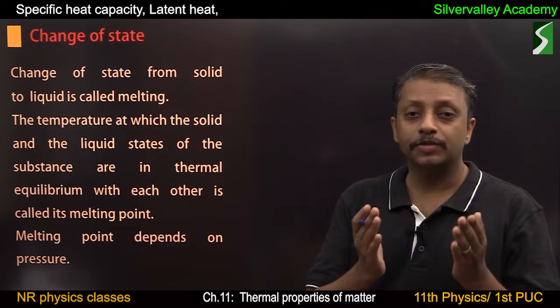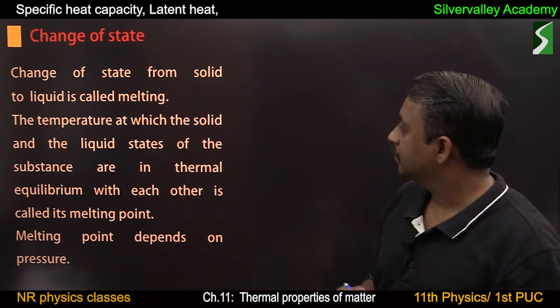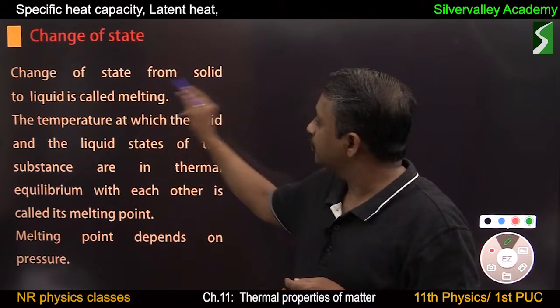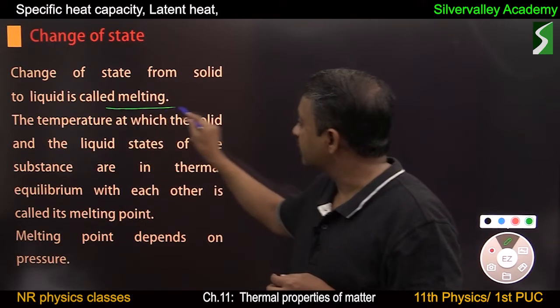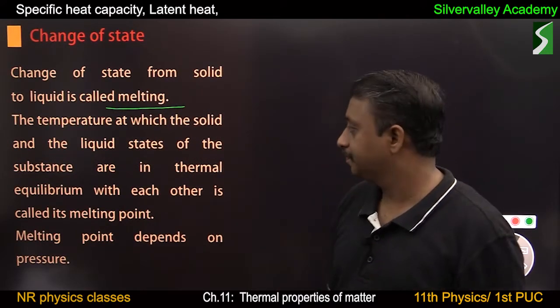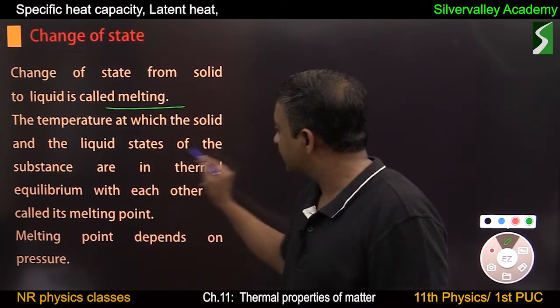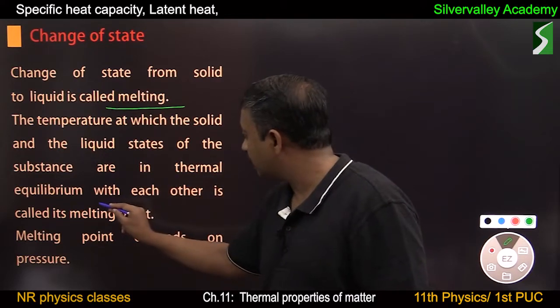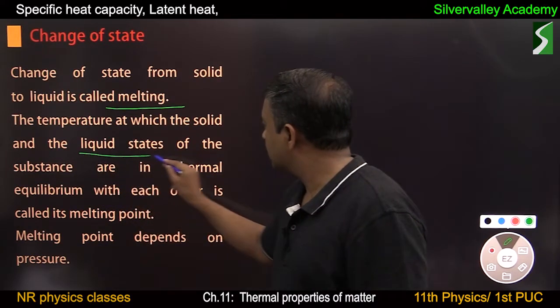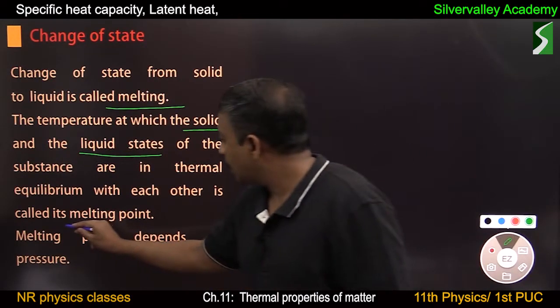Now, a few statements. Change in state. Change of state from solid to liquid is called melting. You have studied this in lower classes, lower standards. The temperature at which solid and liquid states of the substance are in thermal equilibrium is called the melting point.